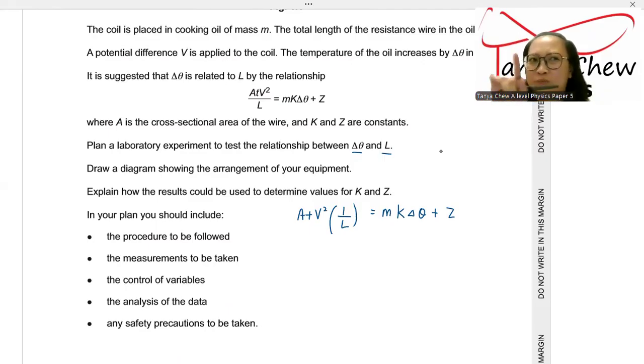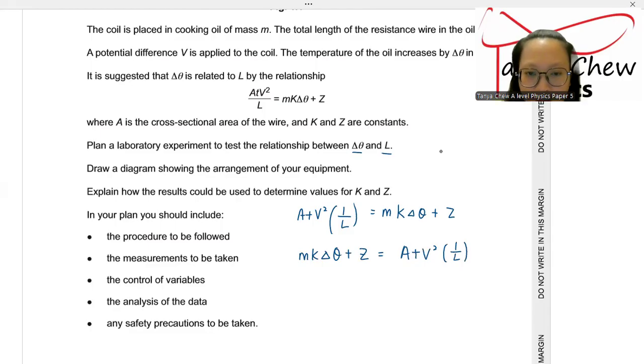I don't like to put a division as my y-axis, so I want to put delta theta as my y-axis. So I switch the position: M k delta theta plus z is equal to A t V squared times 1 over L. And then I make M k delta theta, which I switch A t. This is t, not plus.